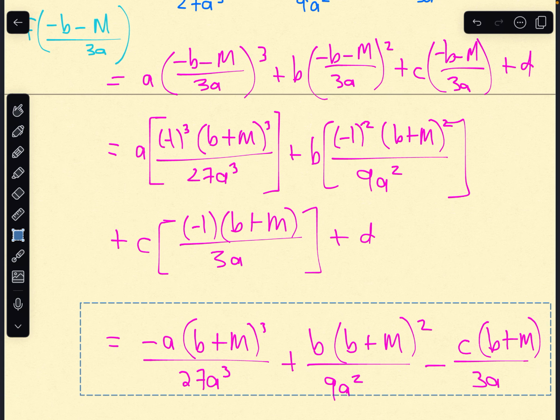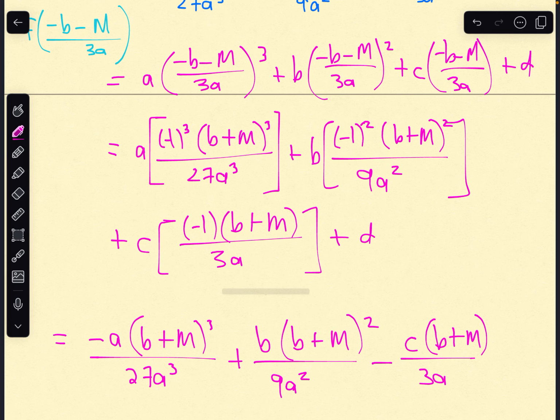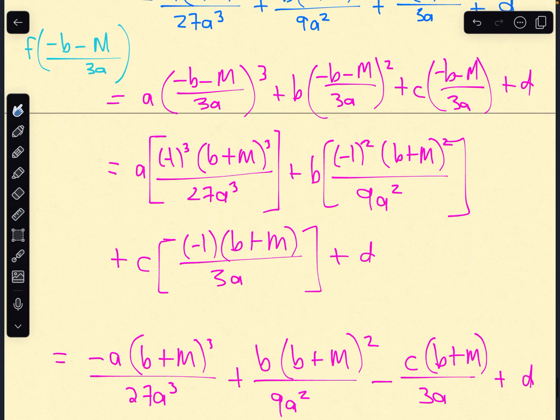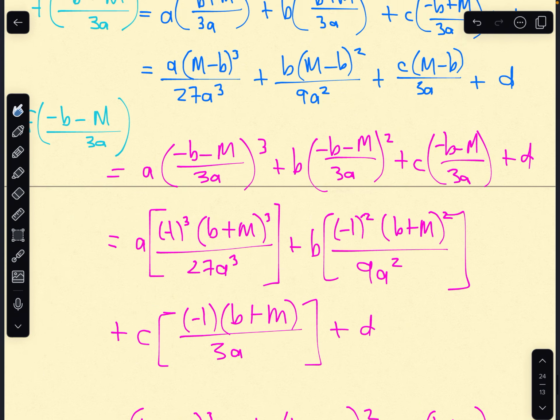Okay, and we just need a little bit of space, guys, for that last little bit over there. So this will be the y coordinate for the second turning point.